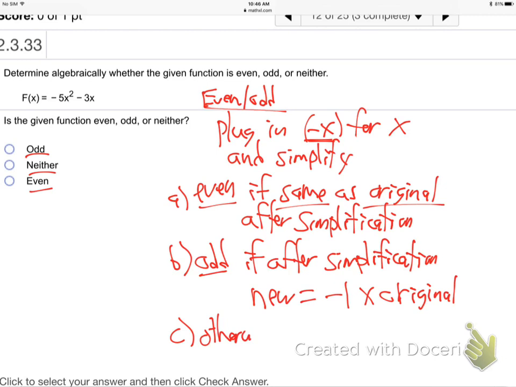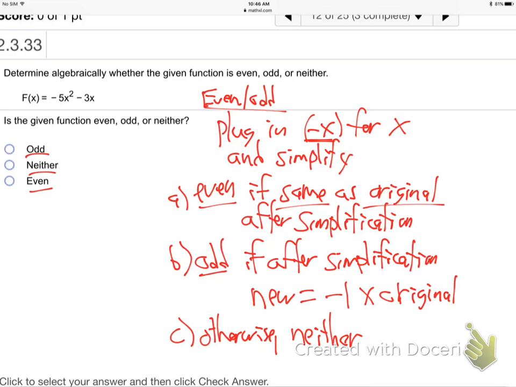Otherwise, if it doesn't fit either one of those conditions, it's neither. Yeah, so that's good. Good thing to put on your 3x5 card. I've said that a few times now, haven't I? Is there room left? Another good thing to put on there is these rules for even and odd. Definitely important to put on there because there'll be a few questions like this on the test. It's kind of weird. Probably haven't done it before.